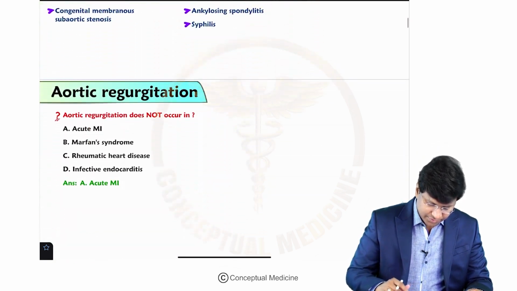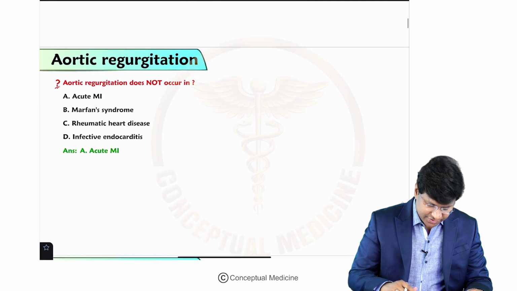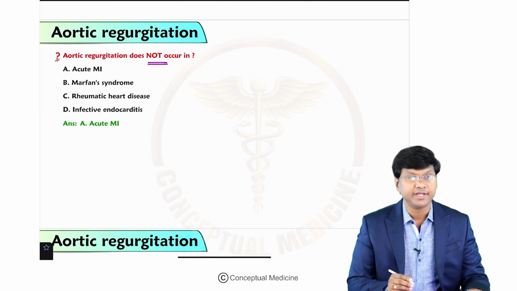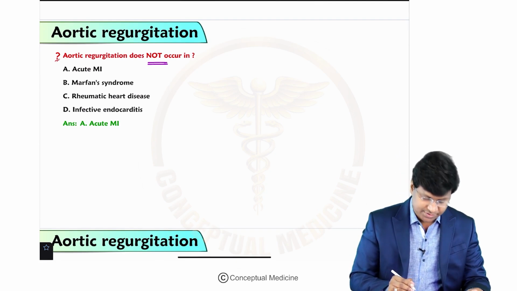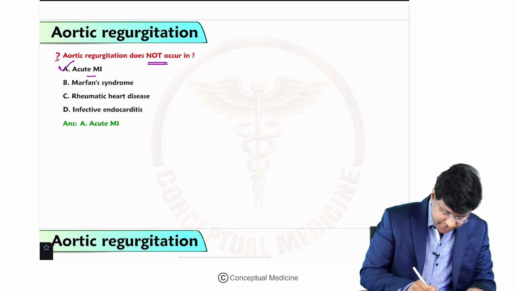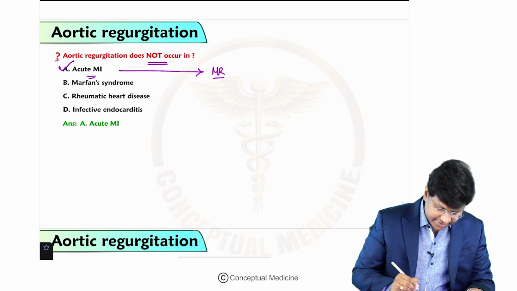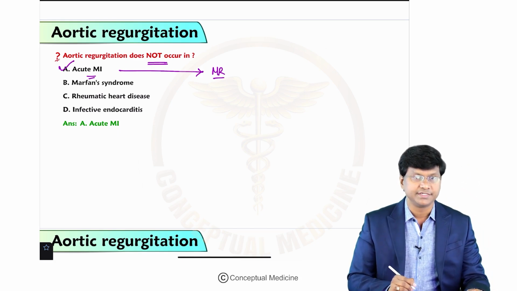Now if you see this question, aortic regurgitation does not occur in acute MI, Marfan syndrome, rheumatic heart disease, infective endocarditis. Let me tell you, in case of acute MI, the valvular heart disease that the individual can develop is mitral regurgitation, but not aortic regurgitation.